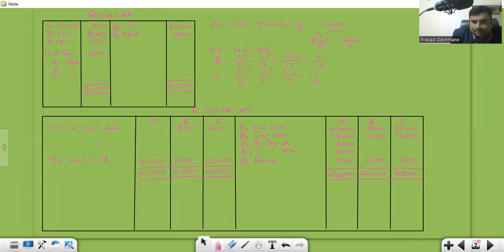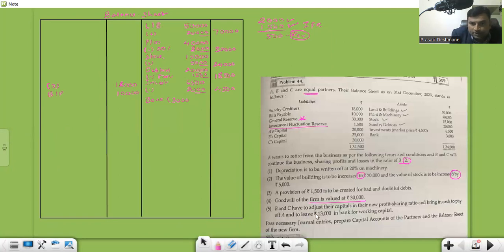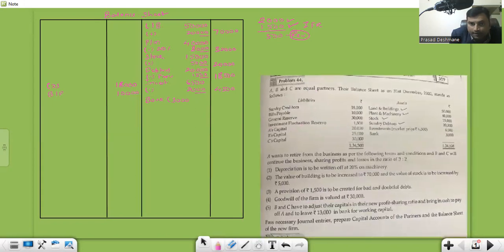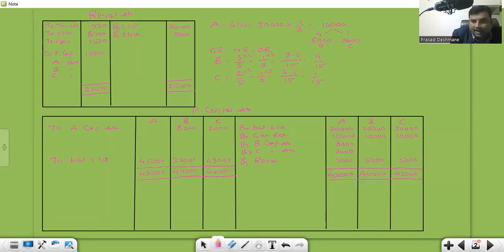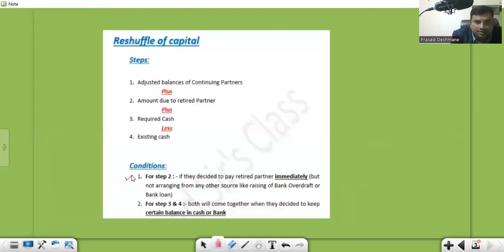Now see in the sum. B and C have to adjust their capital in the new profit sharing ratio, bringing in cash to pay off A, meaning they are paying A immediately, right? They're paying A immediately. So our first condition matched.